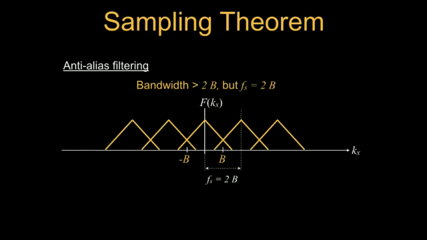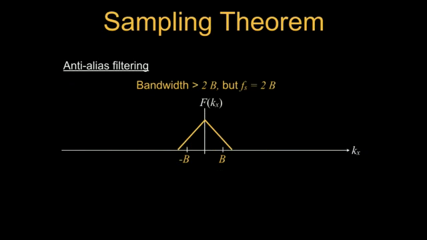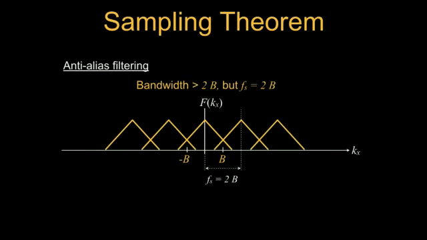And what happens in this case? Well, if you don't know the bandwidth to begin with, but you know your system can only sample up to frequency 2B, you want to pre-process the input so that you don't have aliasing. So this might involve some loss of information, but at least not aliased information.